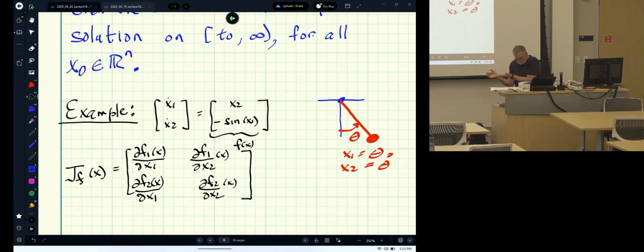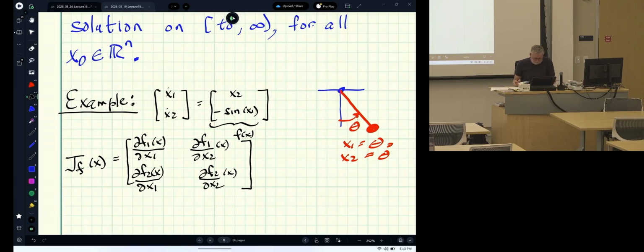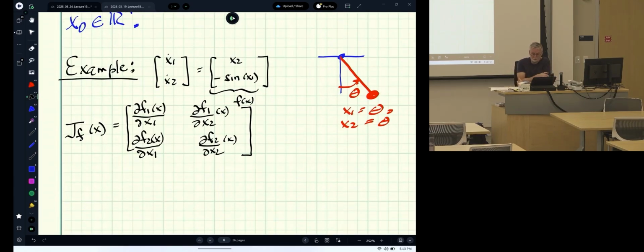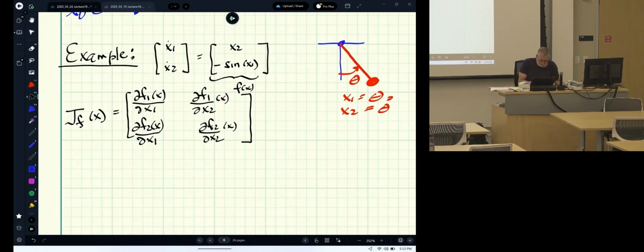Rarely would we do these by hand, okay? But on these simple examples where we're trying to learn what's going on, we do it by hand. Okay, so what's the partial derivative df1 dx1 equal to?